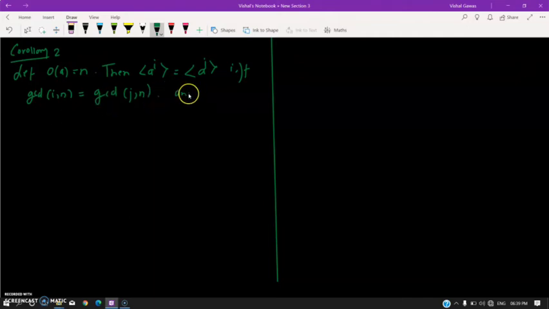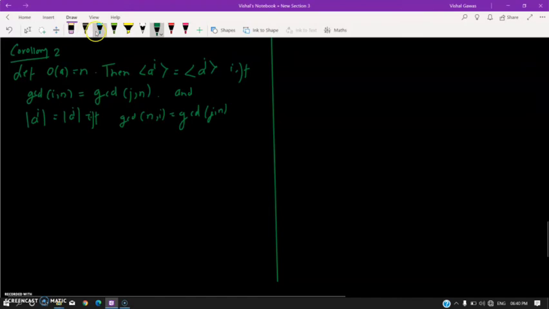And the order of a raised to i is the same as the order of a raised to j, if and only if the GCD of n and i is the same as the GCD of j and n, or n over j, doesn't really matter. Well, the same kind of ideas, put in a different context, but the thing is the same.